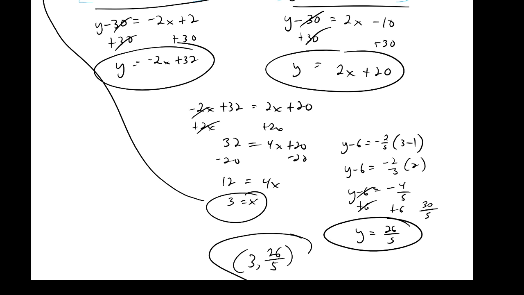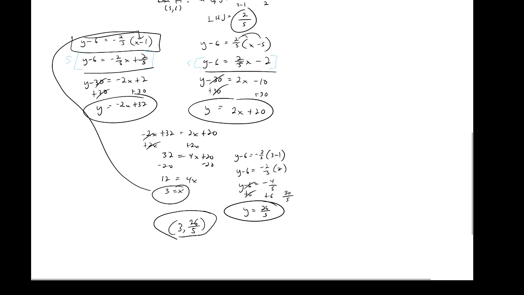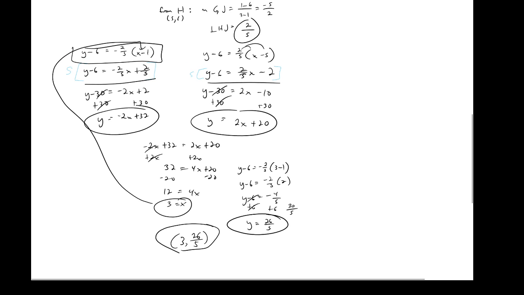Okay, now, here's the issue. Let's go back here. I'm going to actually just do this with fractions because I like to do that sometimes. So y minus 6 is going to be equal to, it was negative 2/5 x plus 2/5. And then I'm going to add 6 to both sides, right?